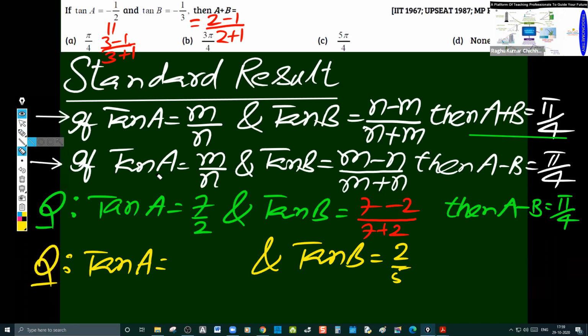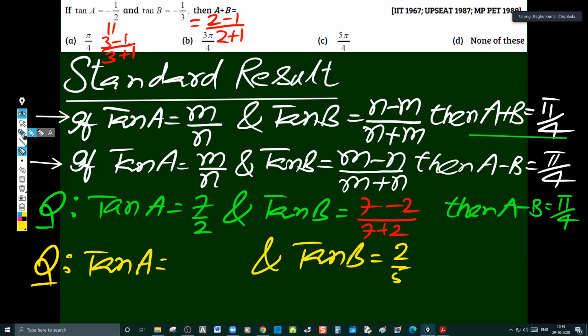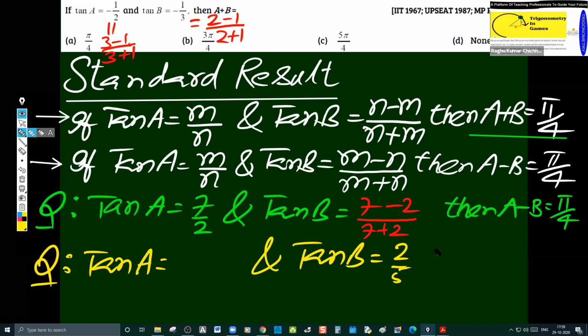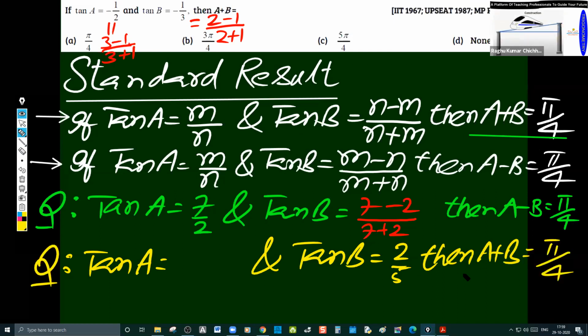Do you understand what I'm saying? Then I'm fixing these values. A plus b is pi by 4.